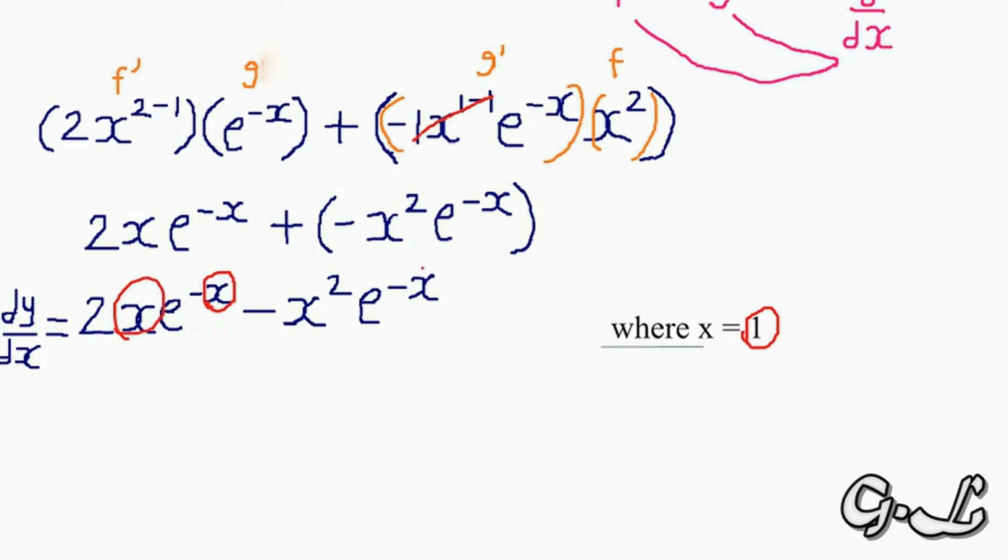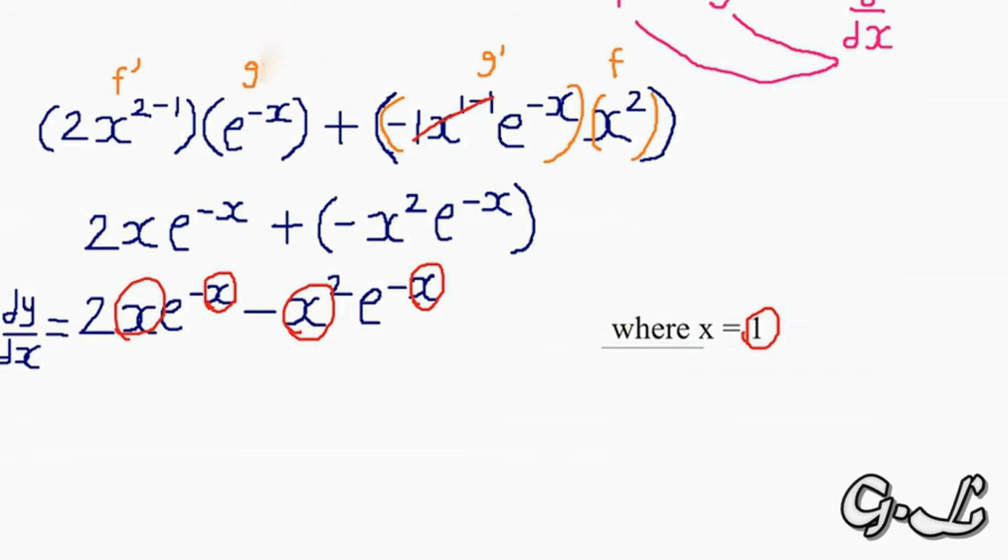In such a case, we're given 1, simply because if you want to find the gradient and you are given the equation, you simply need to find the expression for dy dx.